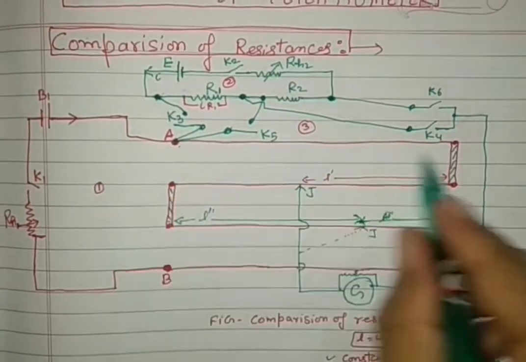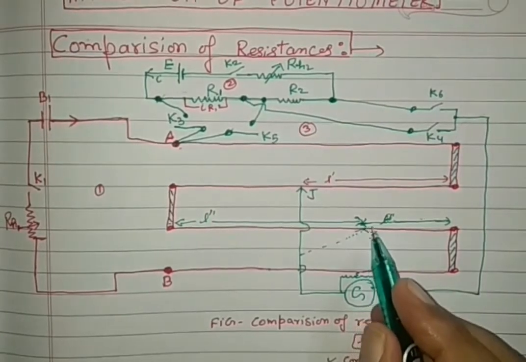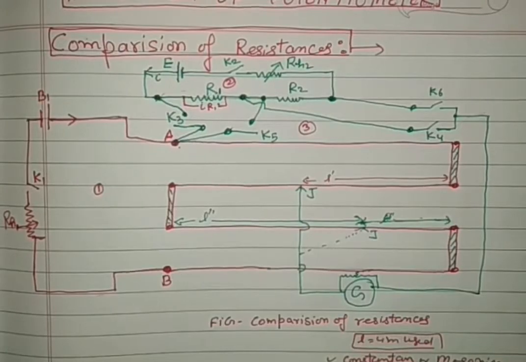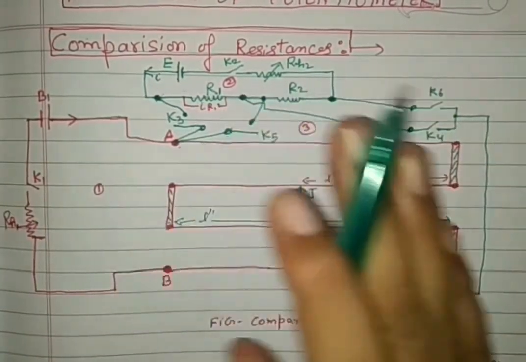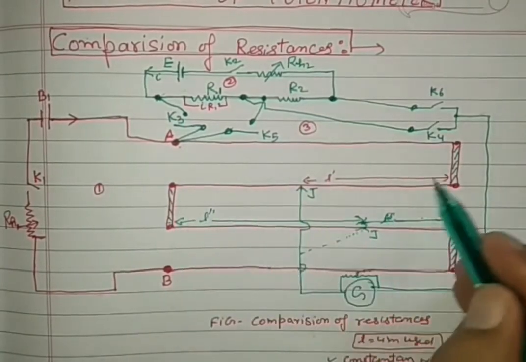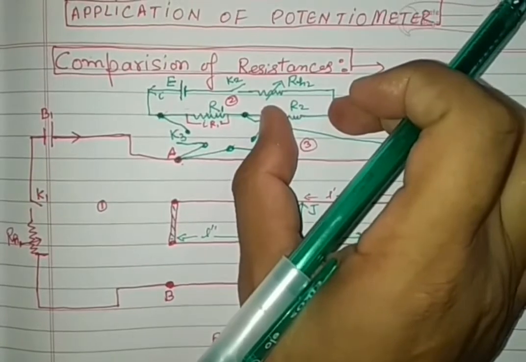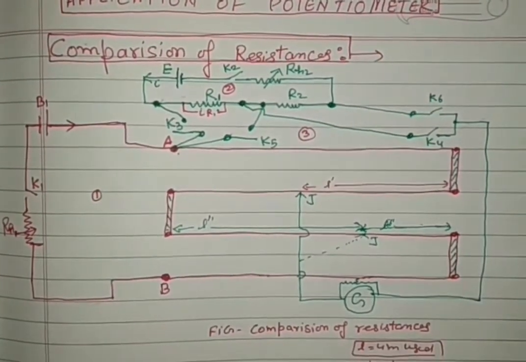So 1 meter, 2 meter, and the connection is here at 3 meter. If it is here 20, it becomes 280 centimeter. This is the part, and the total potential gradient is flowing in that. So this part of the potential in the main circuit is opposed by this part. That is why the null point is obtained.